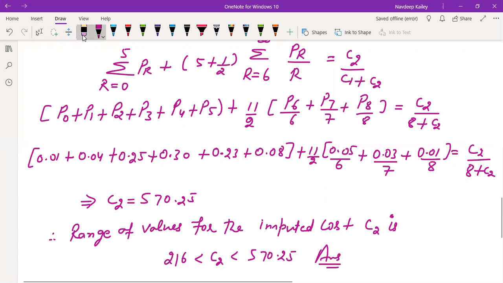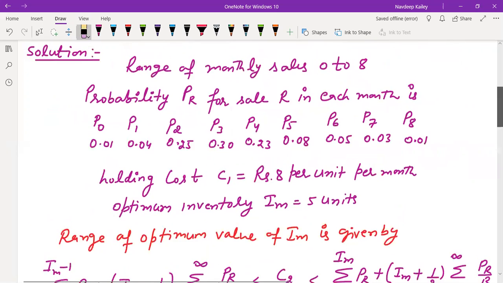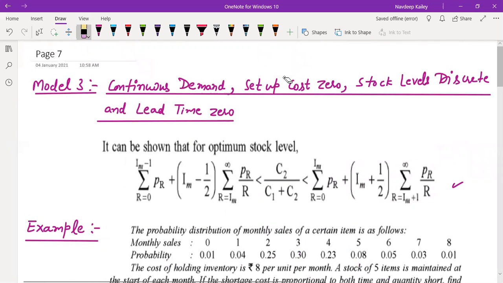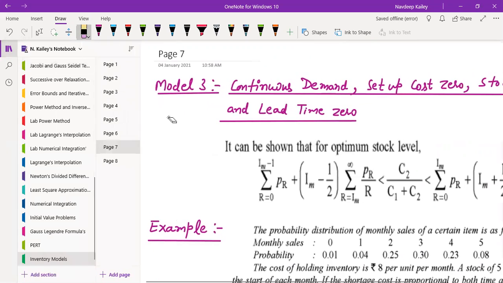This is one example related to model number 3, in which demand is continuous, setup cost is zero, stock levels are discrete, and lead time is zero. Now I am going to discuss model number 4, in which demand is continuous and stock levels are also continuous.